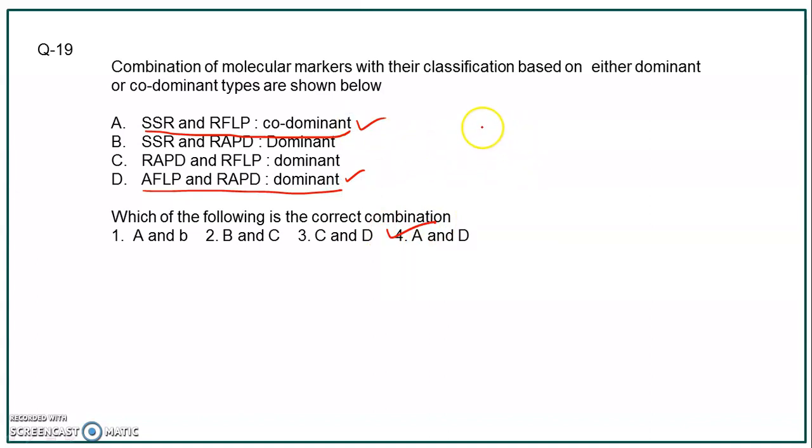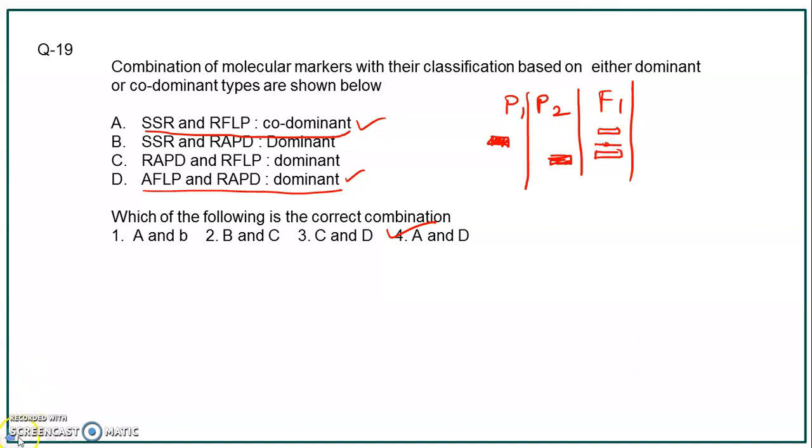Suppose these are the P1 and P2 parent lines, and this is the F1. Here you can see the bands, and the F1 contains two bands of equal area.